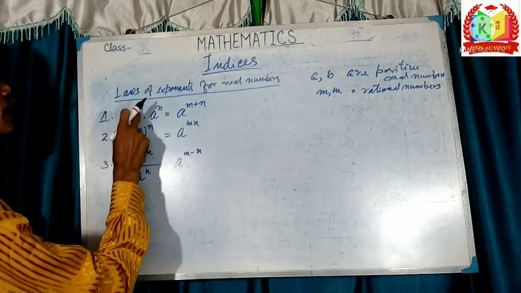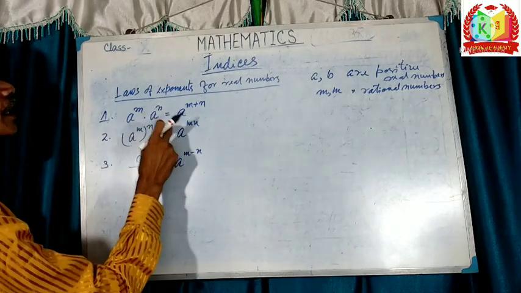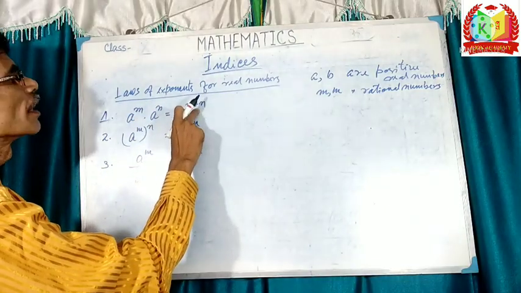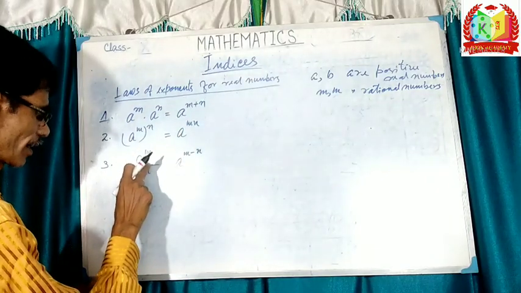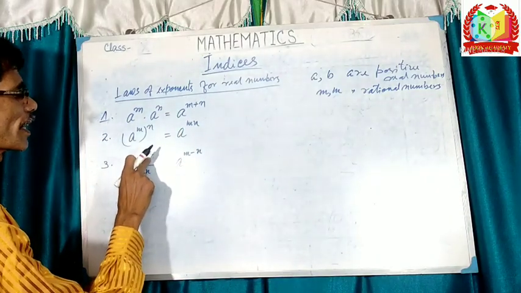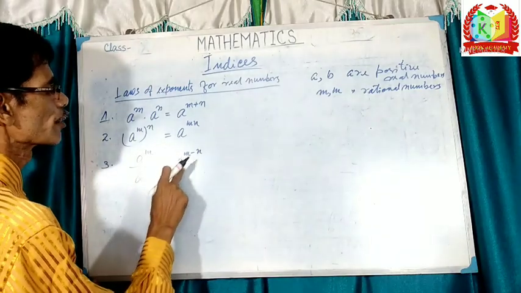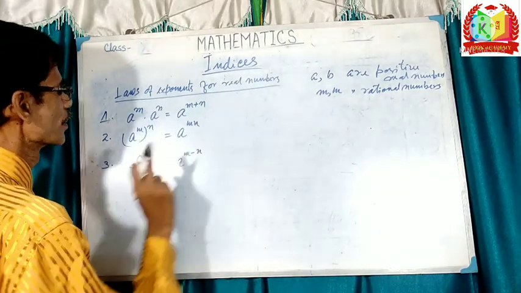Here a to the power m into a to the power n, then the powers are added. But here a to the power m divided by a to the power n equal to a to the power m minus n.